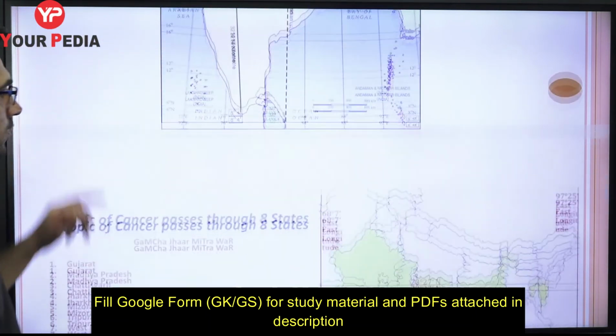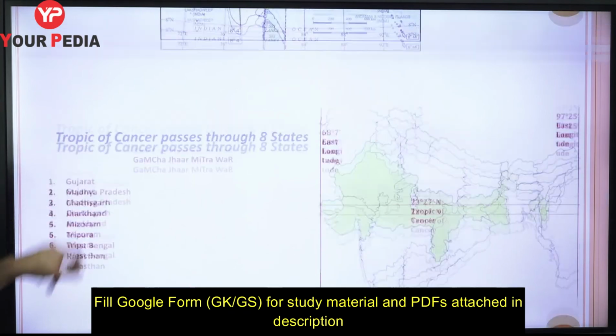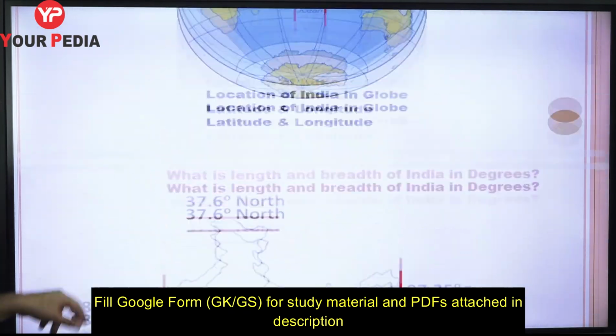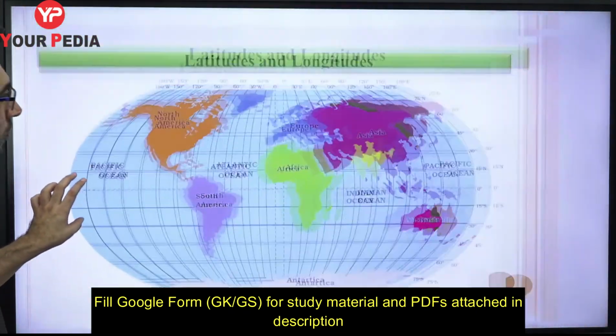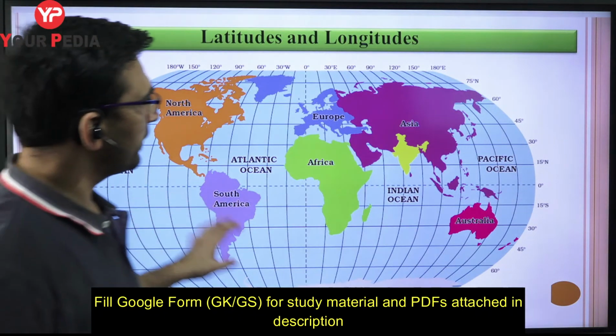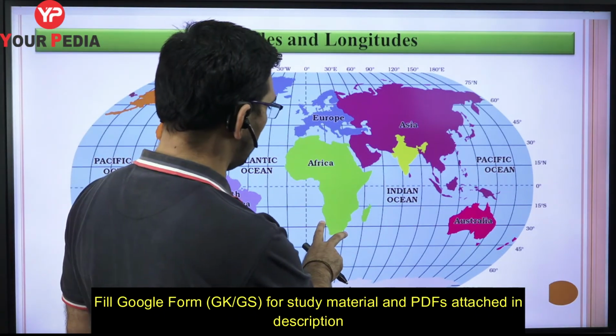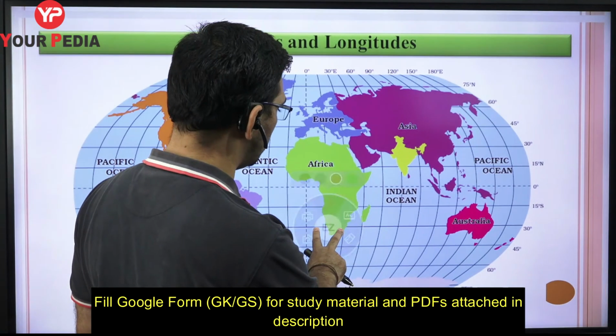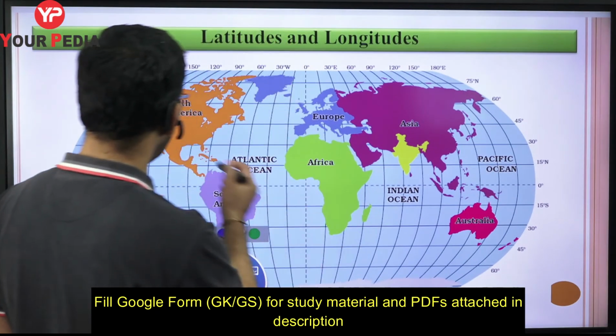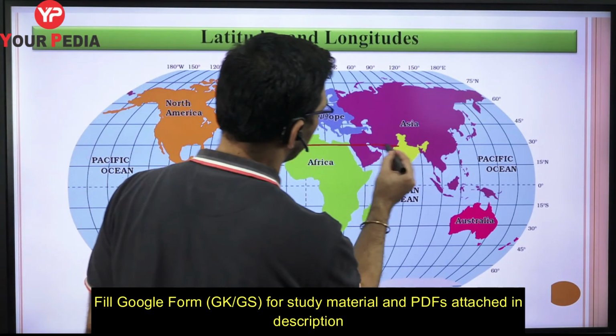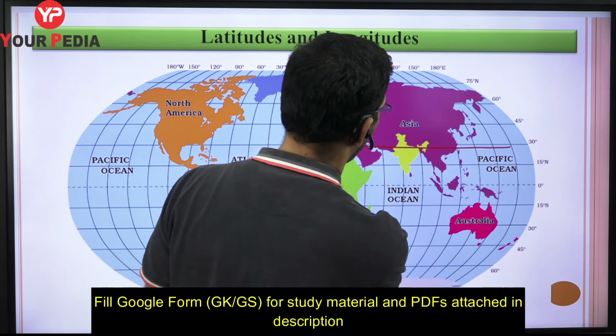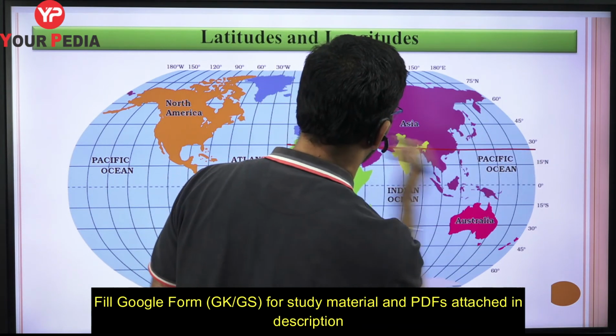At last, let us see. In addition, we know that India lies entirely north of the equator, but at the same time there is one particular significant latitude. We call it the Tropic of Cancer, that almost divides India into two equal halves.